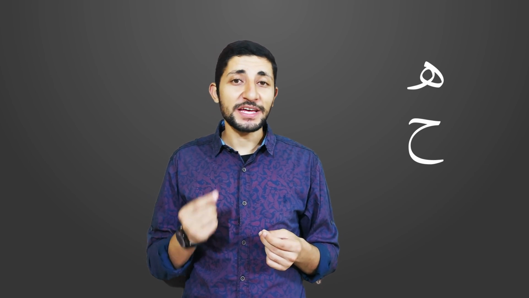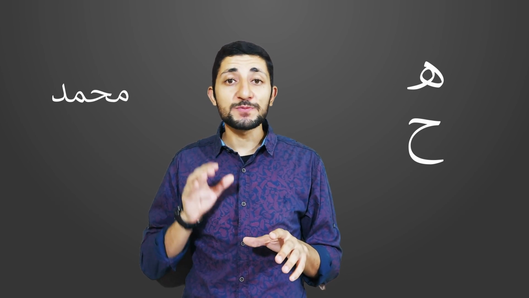However, many non-natives used to confuse between them. We can obviously see this confusion in the most popular name in Arabic, Muhammad. Many non-natives used to spell it as Muhammad with H sound instead of ha sound. But you better know the differentiation between them.